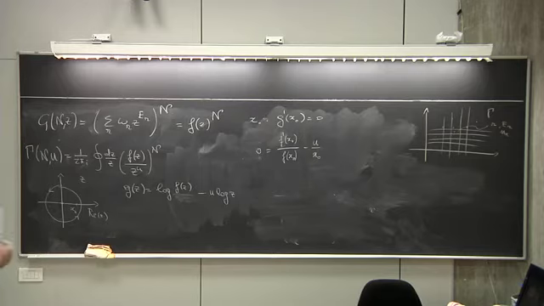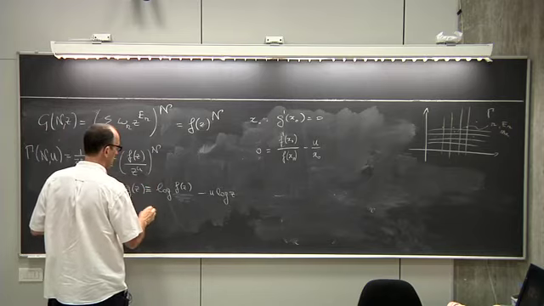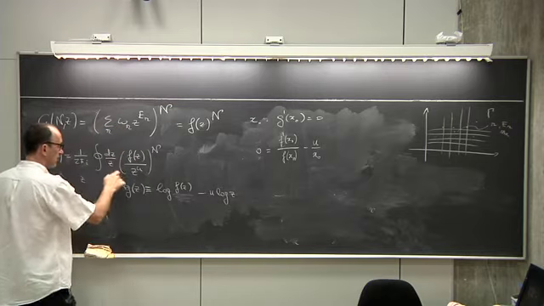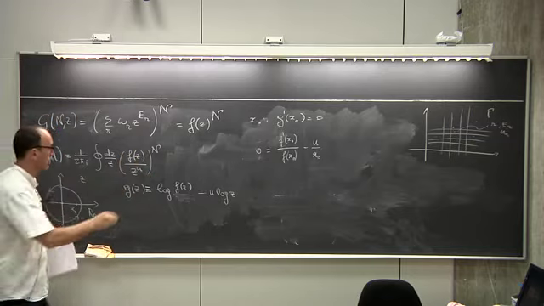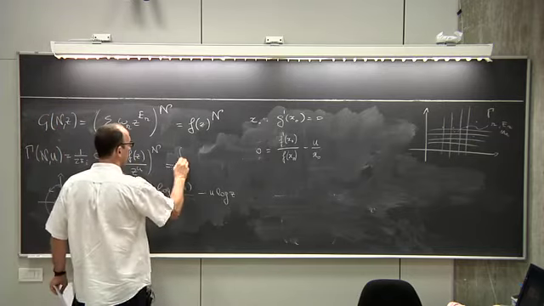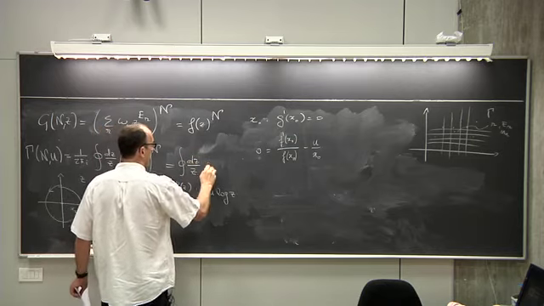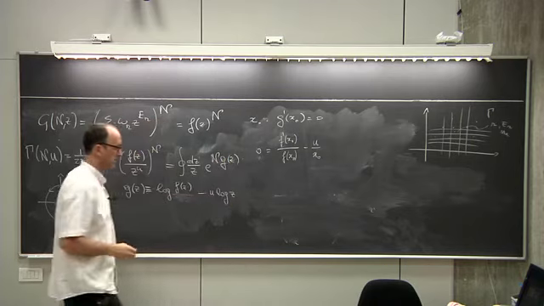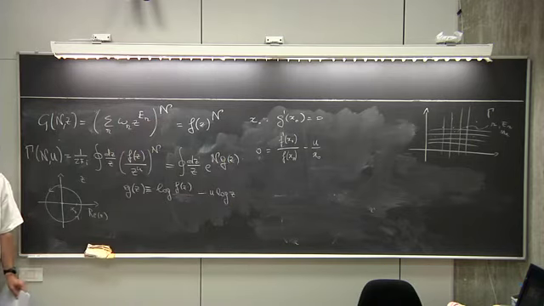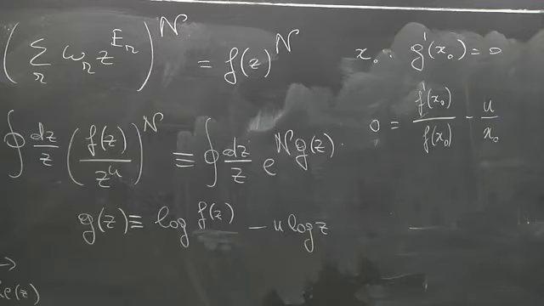Yes, it's a definition. g of z is a definition, and it's just the log of what is inside here. So essentially, I'm writing this as the integral dz over z of e to the n times g of z. So this is, if you want, the definition of small g of z.